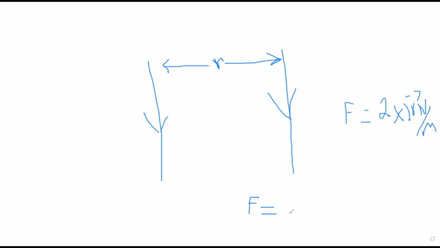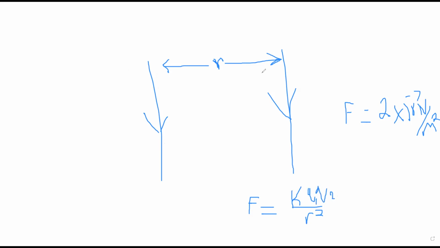proportionate to the distance, that should be squared. Force is inversely proportional to the distance between those two wires, a constant K, and Q1, which is the charge flowing through this wire, times Q2.